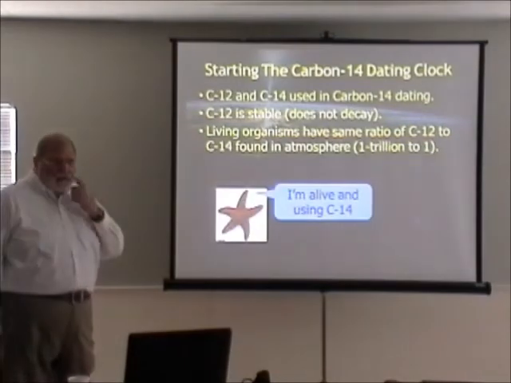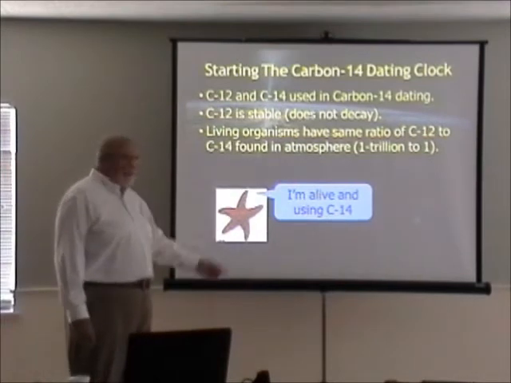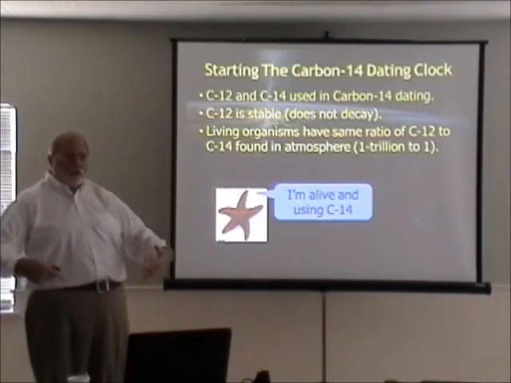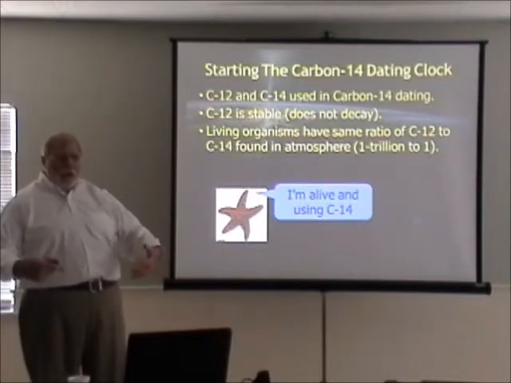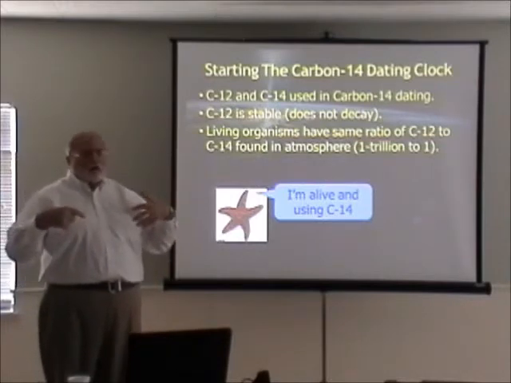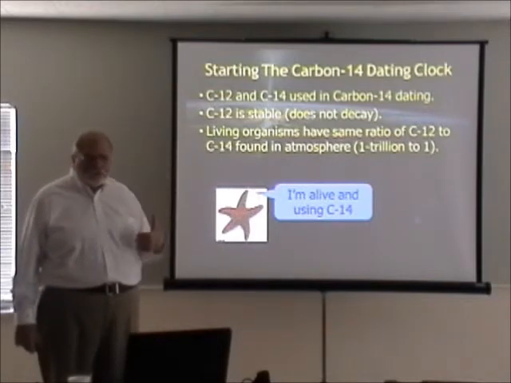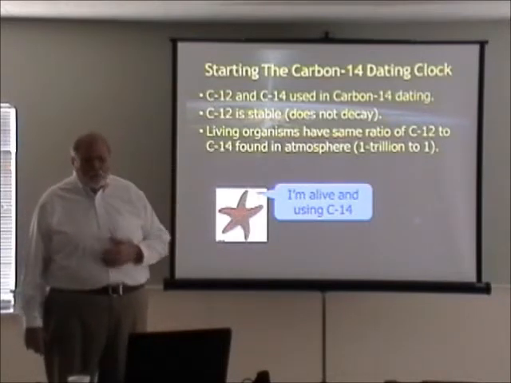Okay. So when the starfish is alive, it's ingesting carbon from its environment, right? And what we find is that the carbon of living things exactly matches the environmental ratio.